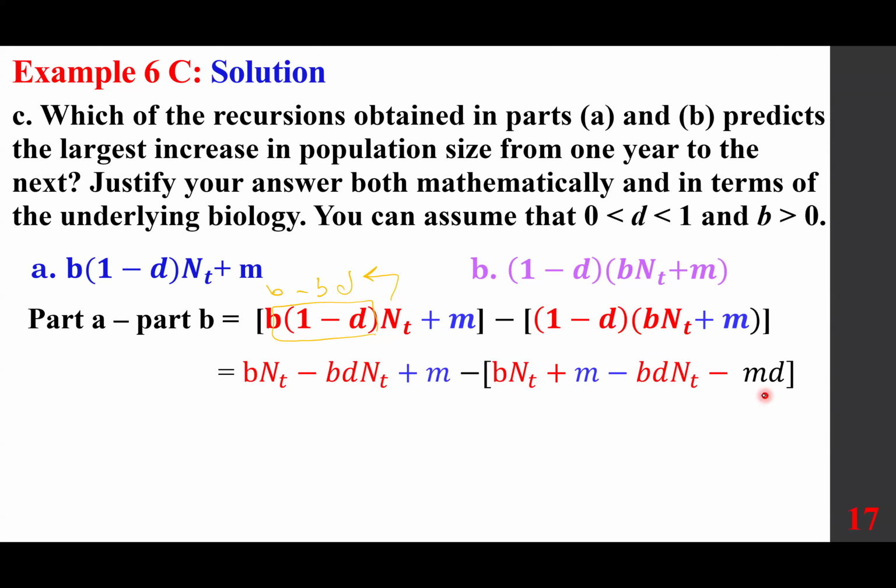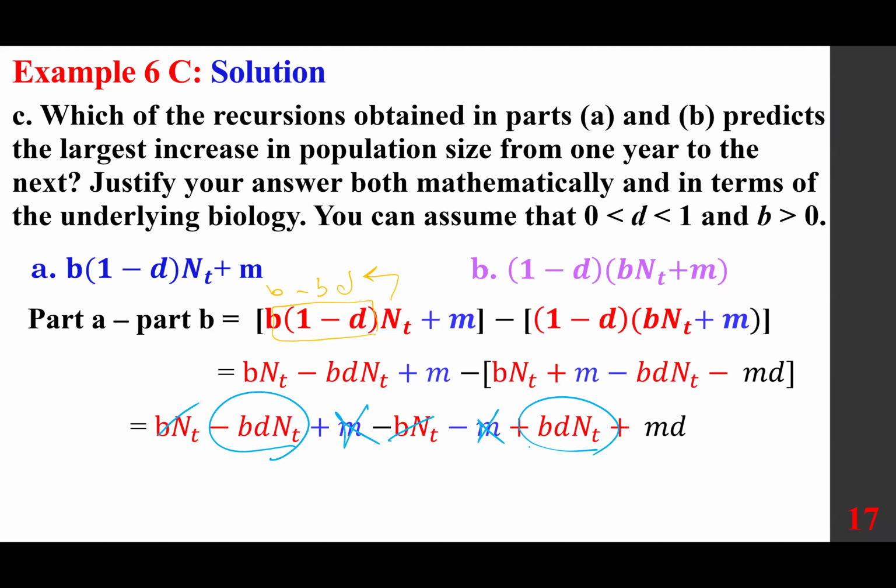So we are foiling. Now this becomes minus, this becomes minus, this becomes plus, this becomes plus. These two cancel each other. These two cancel each other. These two cancel each other. We are left with MD. M is positive, the number that we added, and D is positive. So because MD is positive, mathematically we proved part A does a better job.